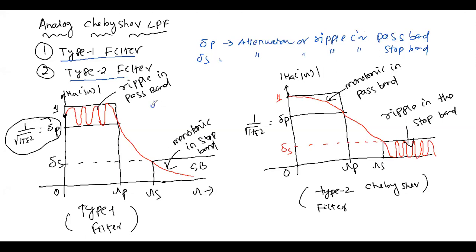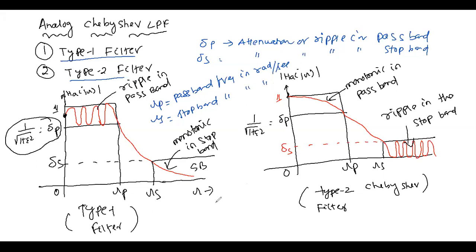Then omega P is the pass band frequency in radian per second, and omega S is the stop band frequency in radian per second.